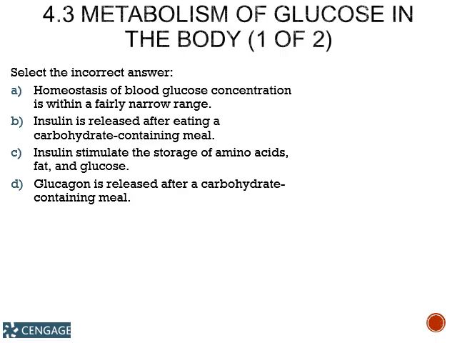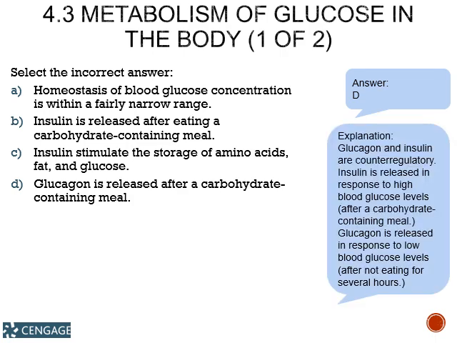Or D, glucagon is released after a carbohydrate-containing meal? The answer is D. D is incorrect. Glucagon and insulin are counter-regulatory hormones. Insulin is released in response to a carbohydrate-containing meal, and glucagon is released in response to low levels of blood sugar.